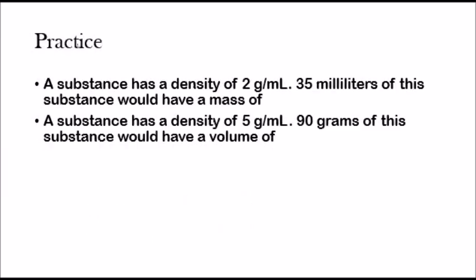Sometimes you're going to be asked to work with density, and because density gives you the ratio between the amount of mass and the volume a substance has, it's a conversion factor, really. Here, the density of a substance is 2 grams per milliliter, and we want to find the mass given the volume.